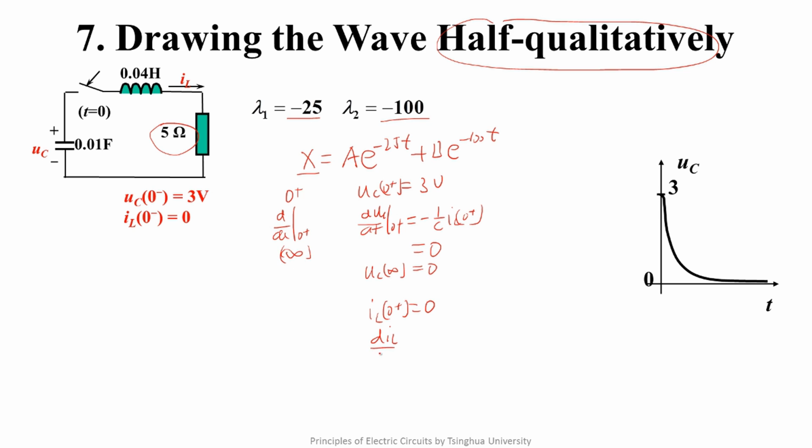If we are interested in iL, we know that iL(0+) is 0. For diL/dt at t equals 0+, we have to solve for uL. We need to use KVL here. So it is 1 over L times (uC(0+) minus R iL(0+)).